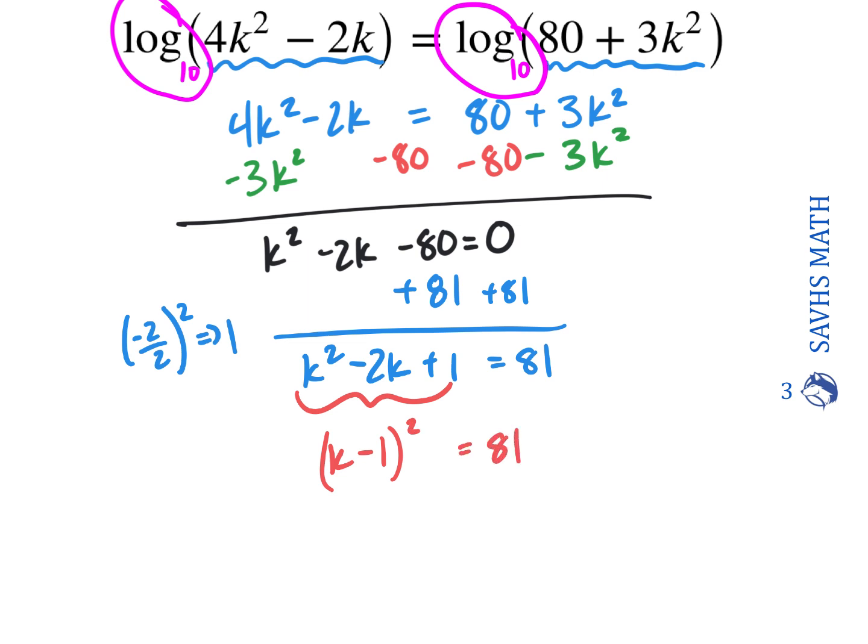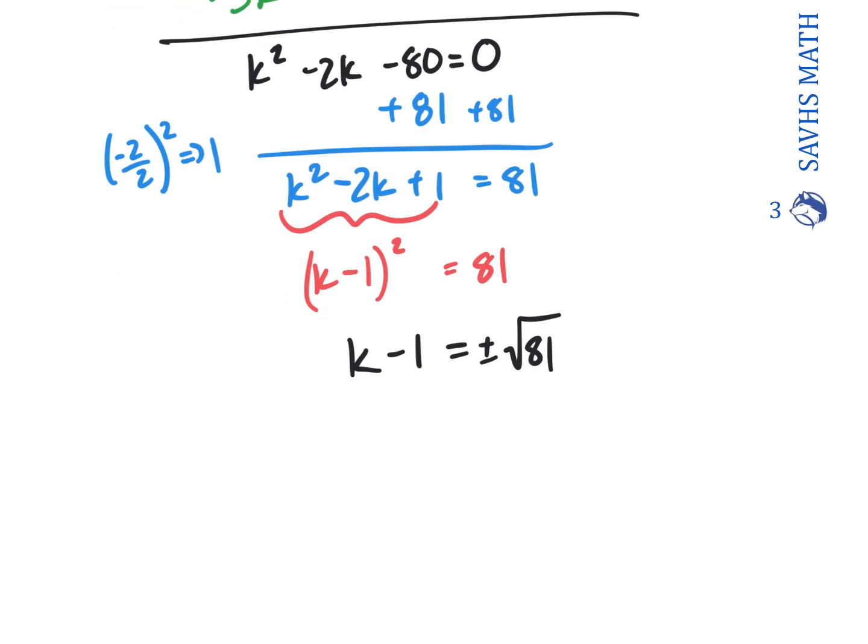So then to solve for k, I need to take the plus or minus square roots of both sides. So I get k minus 1 equals plus or minus the square root of 81. Then I just add 1 to both sides. k equals 1 plus or minus root 81. What's the square root of 81? It's just 9.